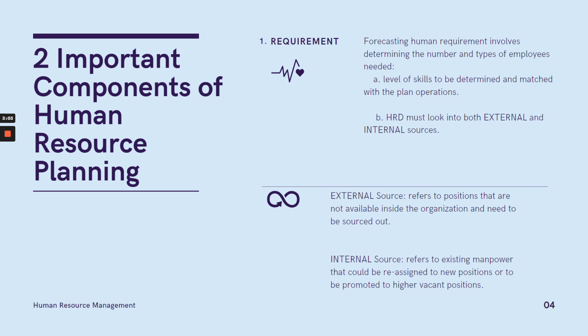So meaning, you look at what you have, what is available. Who can be promoted, what are their skills, and what positions are they in. When we say external source, it refers to positions that are not available inside the organization and we need to get them from outside. You source and you post, right?